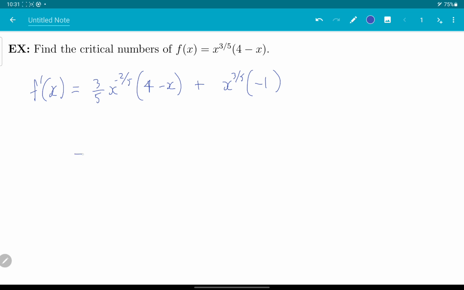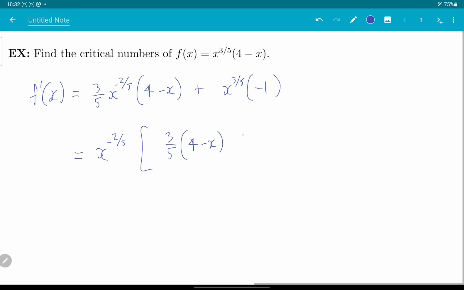What I usually do is factor out the smaller power of x that I see. I have a power of x here, a power of x here. I'm going to factor out the smaller one. So I'll factor out x to the negative 2/5, leaving 3/5 times 4 minus x, plus x to the, well, let's do it the slow way. I had x to the 3/5, and when I factor this out, I'm dividing by x to the negative 2/5.